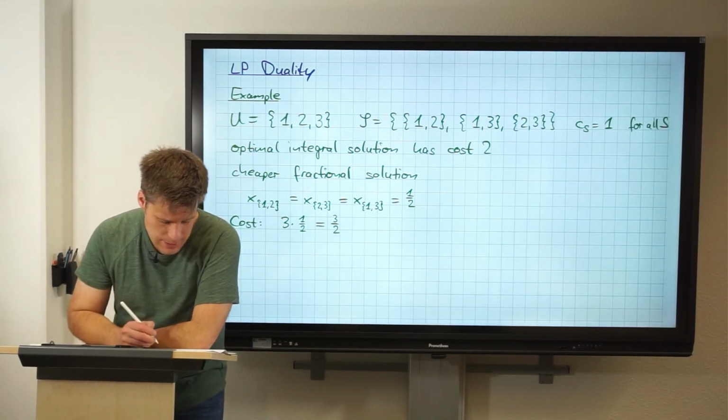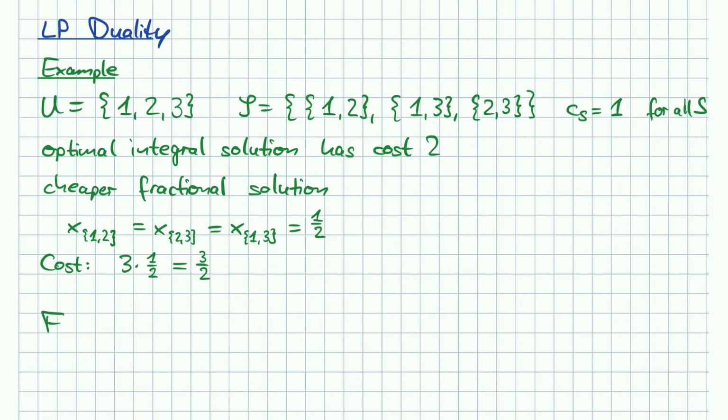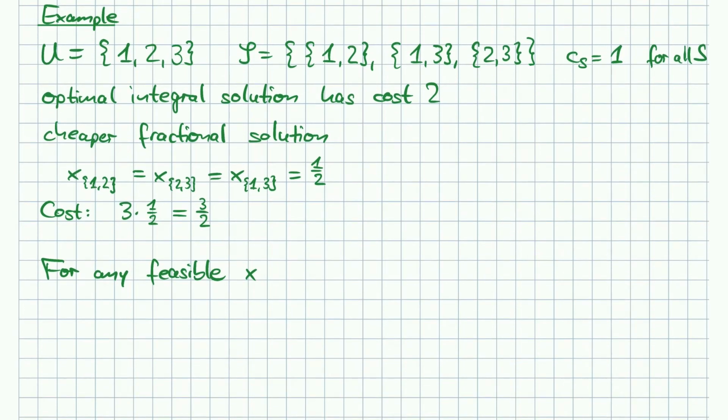Namely, why is this? Take any feasible solution x. What will happen? What is the objective function value?